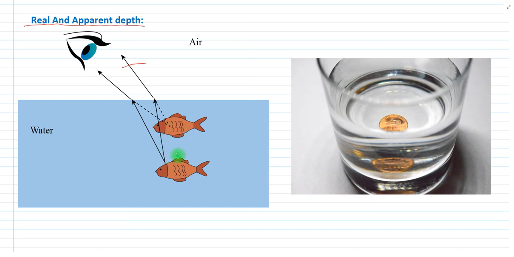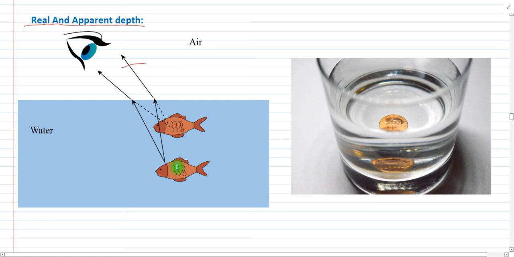Here you see this one is the actual position of the fish, but you will see the position of the fish at this point. So if you throw a stone to hit the fish, the fish will not be affected. Okay, because in this position there is no fish. The position of the fish is slightly lower than the apparent position.